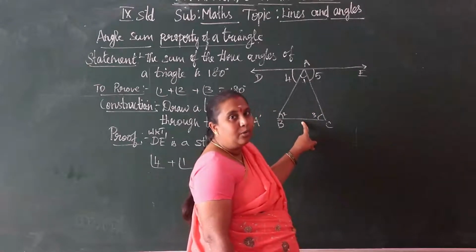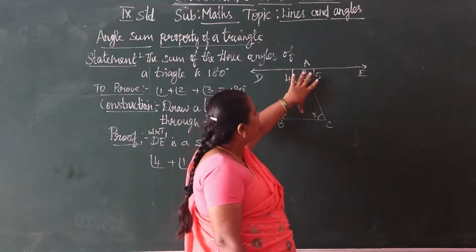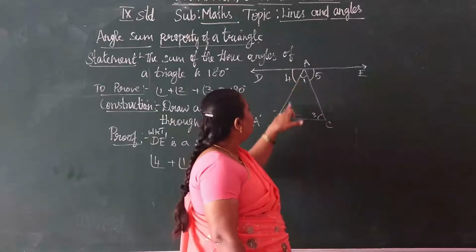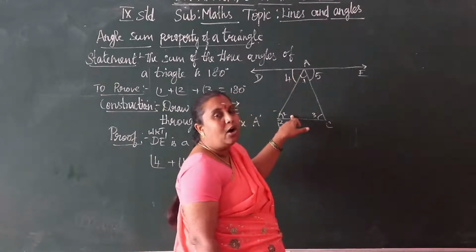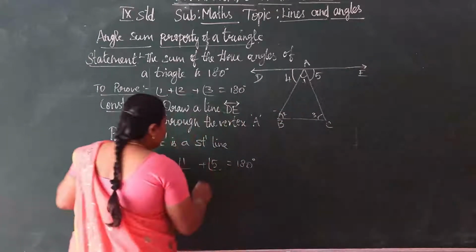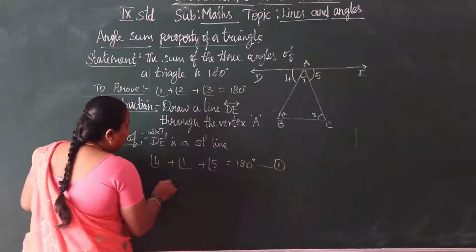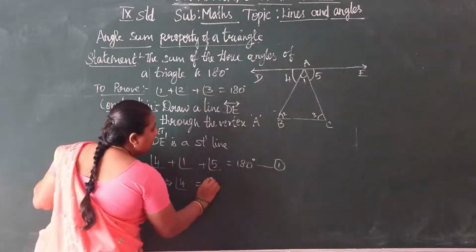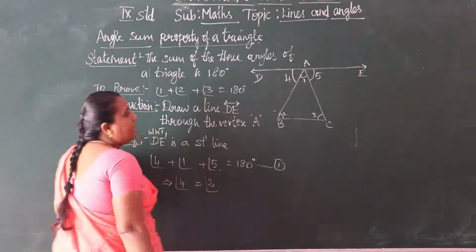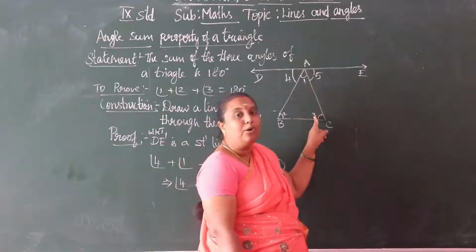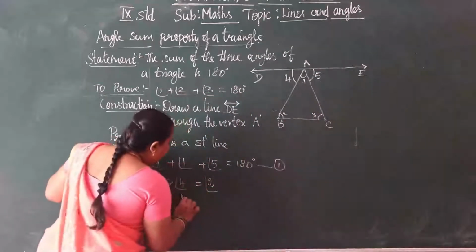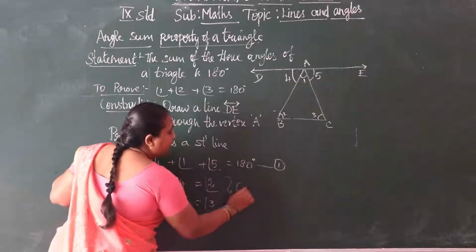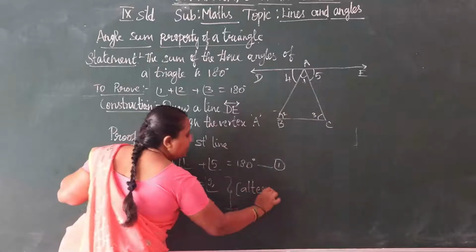Since the two lines DE and BC are parallel, angle 4 and angle 2 are alternate angles. This is equation number 1. Then by alternate angles, angle 4 equals to angle 2. In the same way, angle 5 equals to angle 3. Both are based on alternate angles.